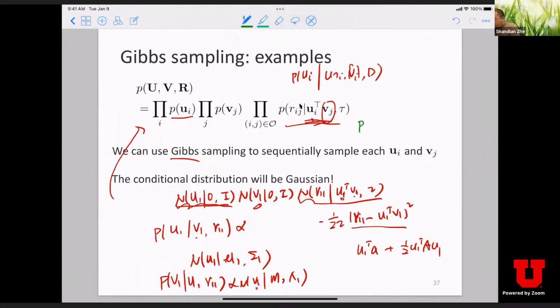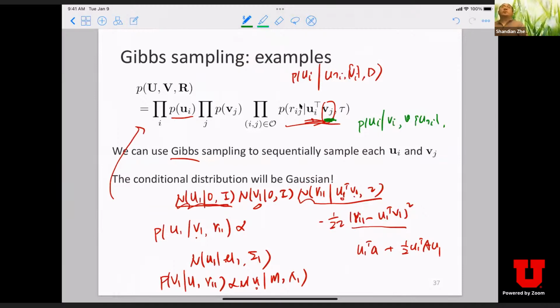But the good thing is that if you apply Gibbs sampling, every time I generate a sample of, say, U_i, conditional on all the other users' representations and the movies' representations like V_j, and all the U_{-i}, something like this, right? Because now, in the inner product where you contain U_i, the representation of the movies is viewed as a fixed constant.